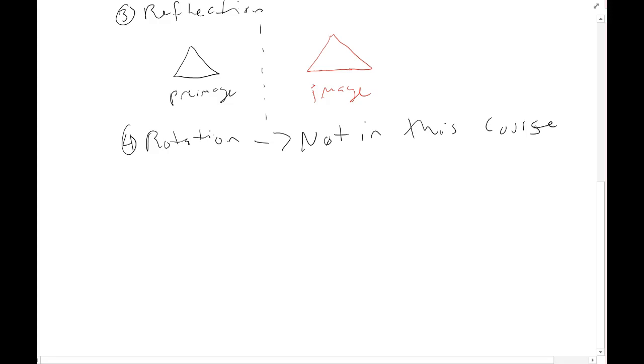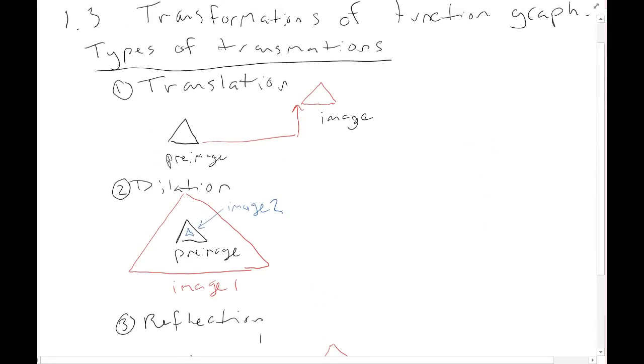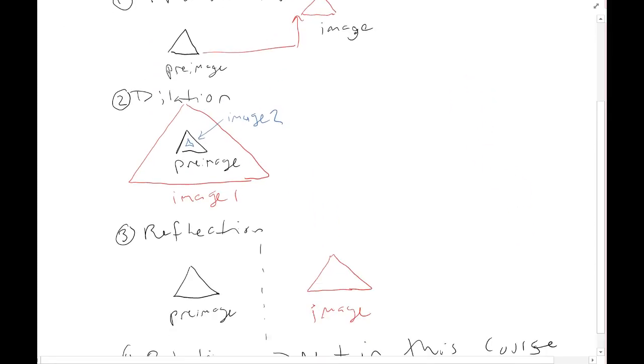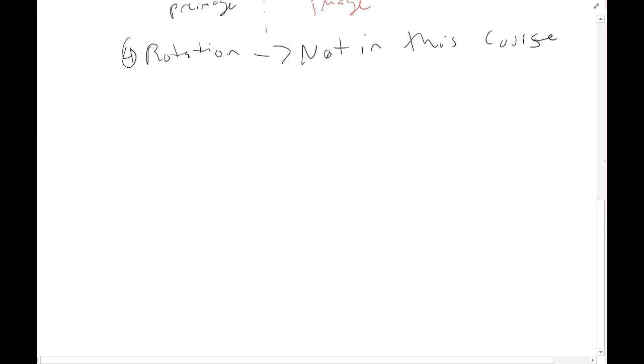So up until this point, when I talked about translations, dilations, and reflections, I did them in terms of geometry, in terms of a geometric shape. We can also think about these in terms of functions, or a graph of a function.